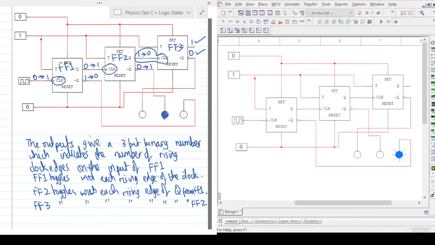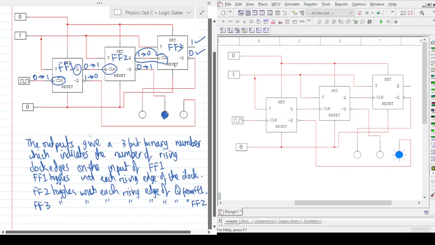Only if Q from flip-flop 1 goes from 0 to 1, a rising edge, only then do you have flip-flop 2 toggling. And only when flip-flop 2's output Q goes through a rising edge do you have flip-flop 3 toggling itself.